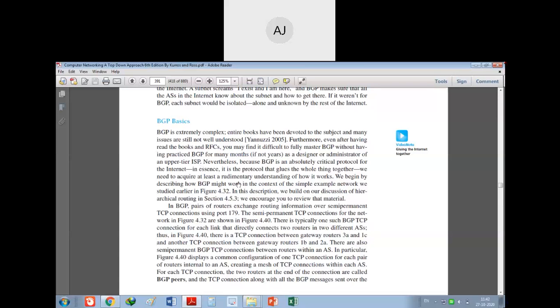When we go for BGP communication, we consider the internal as well as the external BGPs. The connection is established using TCP, a connection-oriented protocol, which is used along with BGP.